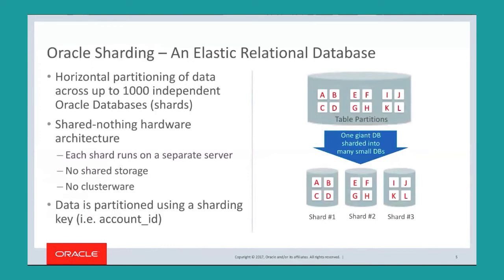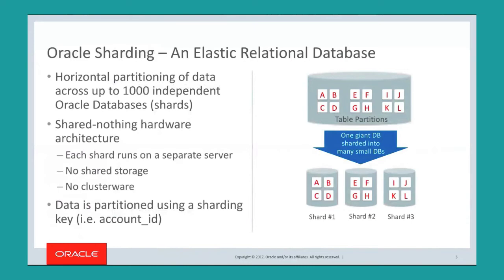Now, how does one distribute or partition your data across these shards? We support multiple sharding methods. In its simplest form, it's consistent hash-based, so you get linear scalability. We also support composite sharding, wherein you can assign some set of shards for one geographic location, and some set of shards in another geographic location.